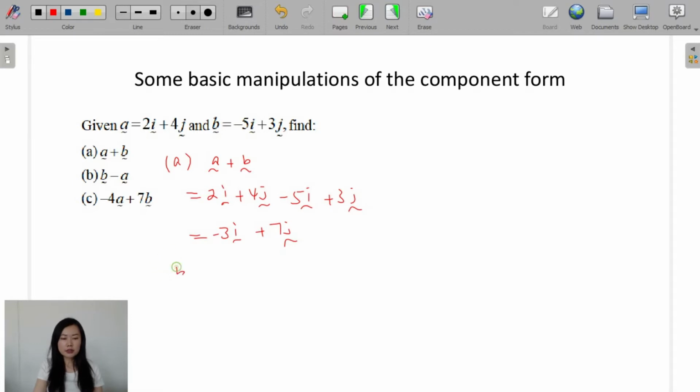All right, let's try the other one, B minus A. All right, expand the bracket.